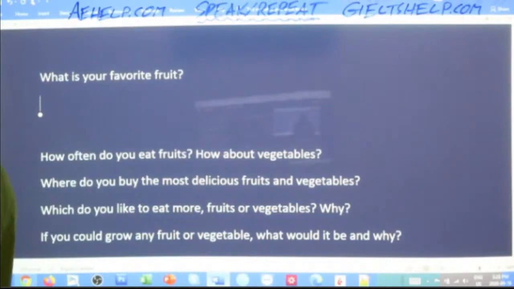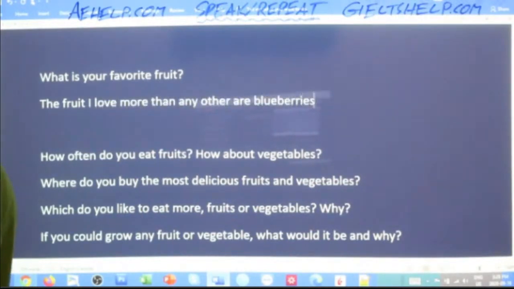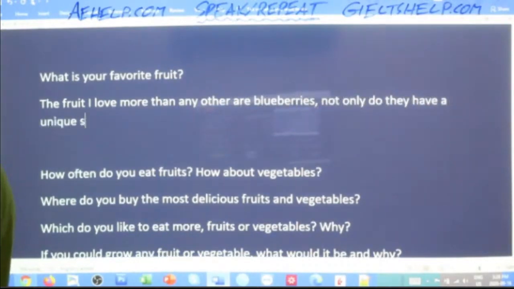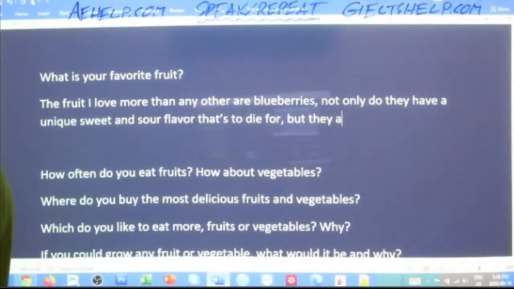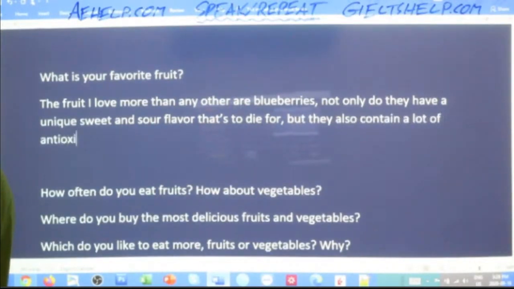Okay, so the fruit I love more than any other are blueberries. Not only do they have a unique sweet and sour flavor that's to die for, but they also contain a lot of antioxidants that help to prevent cancer.